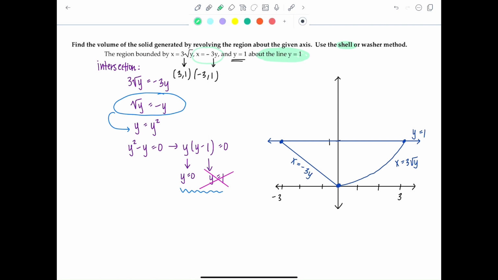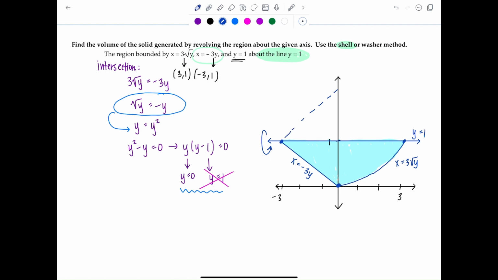So here's the region. The region has to be enclosed by the given curves. And then we're spinning around y equals 1. We're spinning around this very line right here.